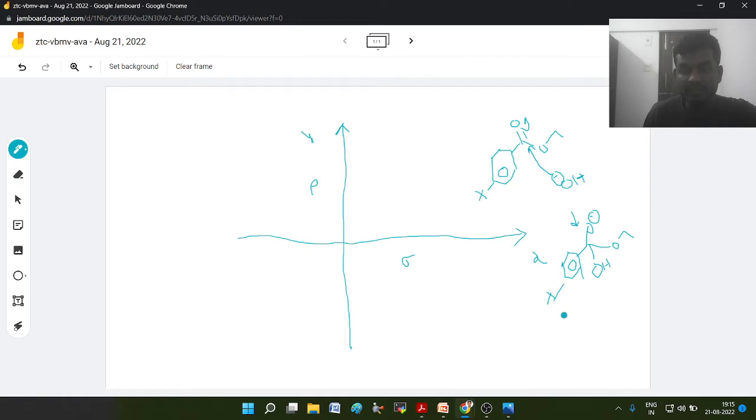Now, when X is electron withdrawing, like the NO2 group, this intermediate will be stabilized by the electron withdrawing effect. So this rate will be higher. So Kx will be higher, and then Kh will be lower. Kh is low.